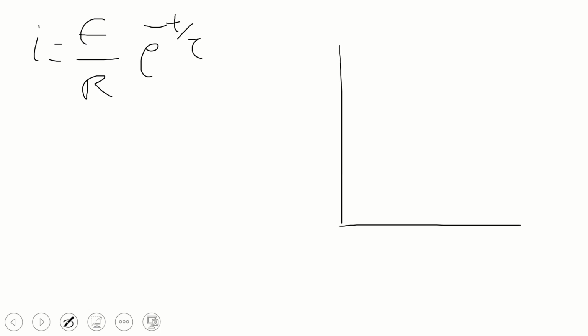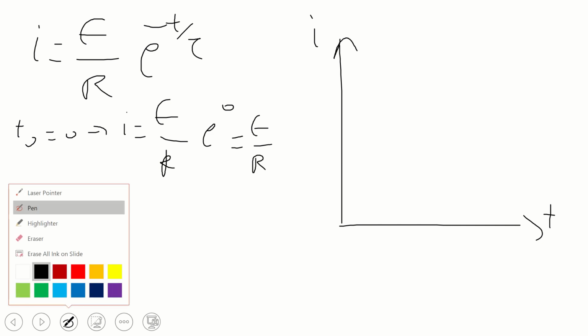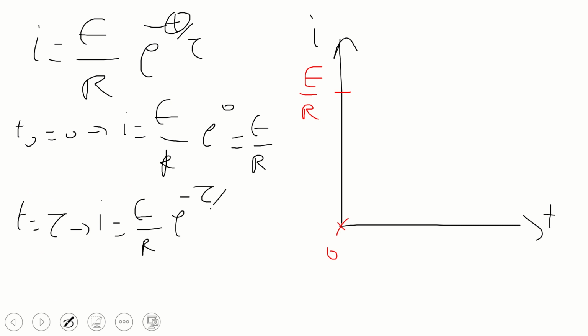Let's consider three specific instants of time. At T0 equals 0, I equals E over R exponential 0. Exponential 0 equals 1, so E over R. On the graph, at T equals 0, the current equals E over R. After a time T equals tau, I equals E over R e^(-tau/tau), so E over R exponential minus 1.